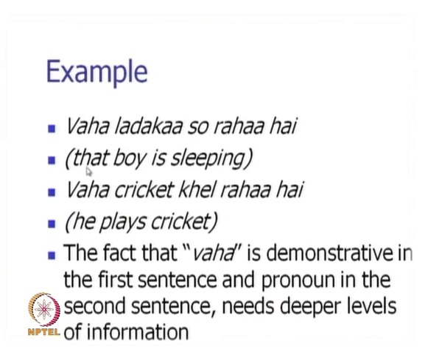Now, if we look at the translations, that boy is sleeping. So, wo here is a demonstrative qualifying ladka, a particular boy, and wo here is not a demonstrative, it is a pronoun. It refers to a person which came in the discourse before, and this wo refers to this person, therefore, it is a pronoun.